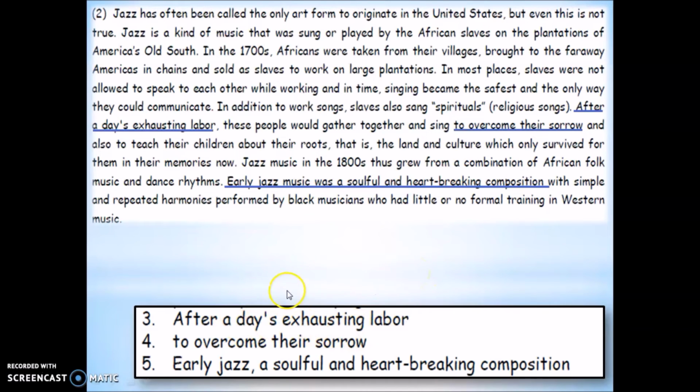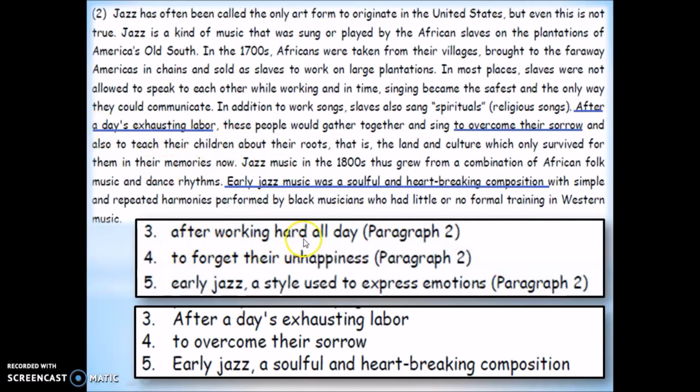In the text, we see that after a day's exhausting labor, that means after working hard all day. So all day, exhausting labor, working hard, it means tiring. So it is the same. And to overcome their sorrow, to overcome means to forget their unhappiness, to recover from that sorrow, from that unhappy situation.